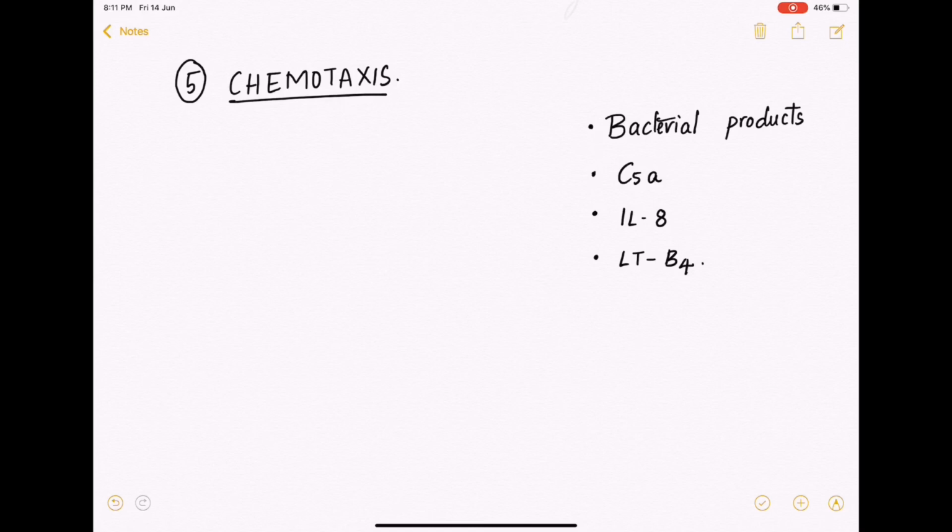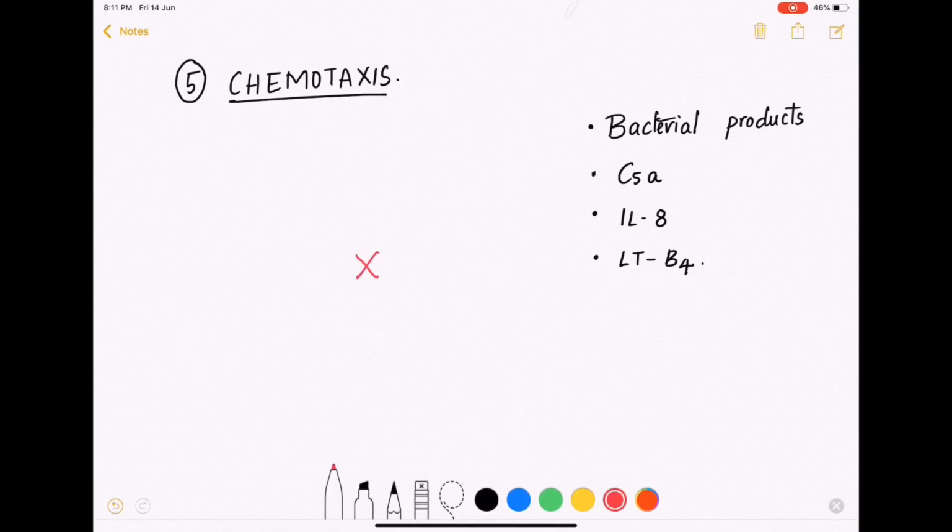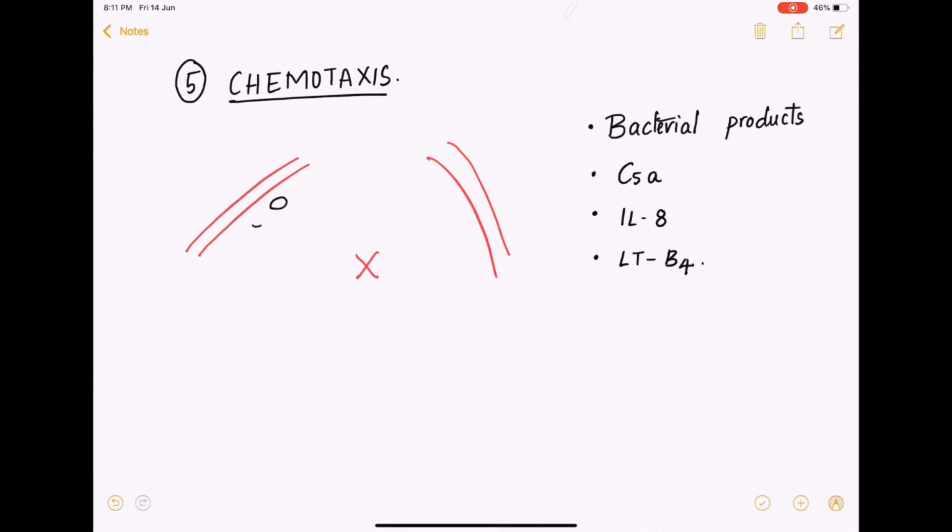What is chemotaxis? Now let's say this is the actual site of inflammation while we have some blood vessels here. Now the WBCs have already come out of the vessel and let's say they're somewhere around here. Now, how do these WBCs know that they need to move in this direction and not wander off somewhere else?